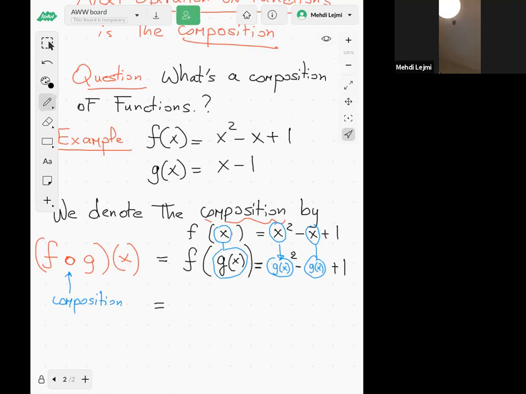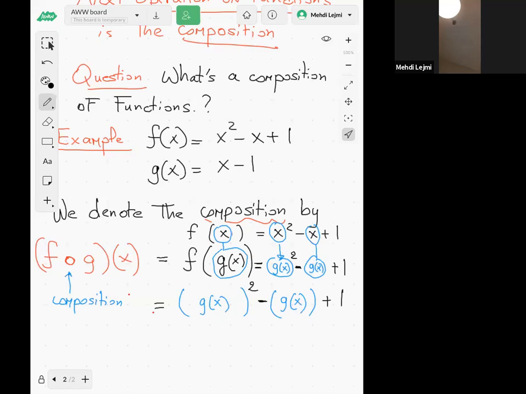Now you think of the circle like parentheses. So we have parentheses g of x squared, minus, and then another parentheses, that's again g of x, and then plus 1.